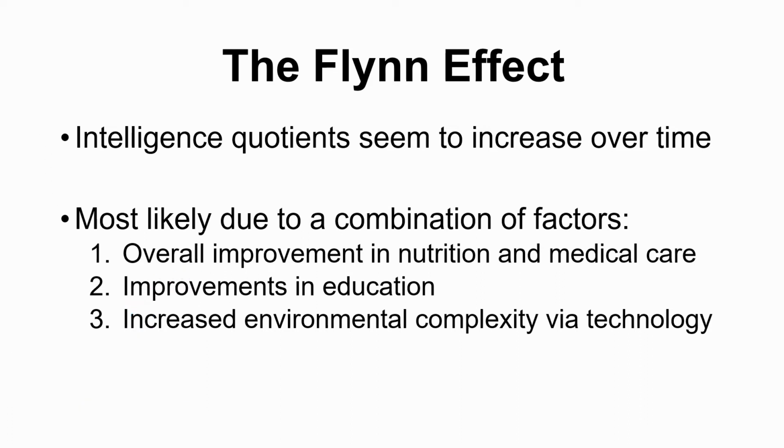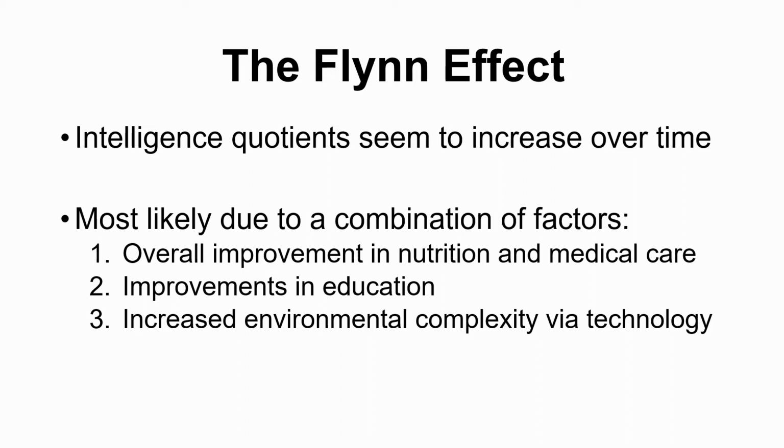Okay. And the reason that this is happening, there's a whole bunch of different reasons that have been proposed, and these are the three that seem to play the largest role. The first thing that we're seeing is over time, a massive improvement in availability of nutritious food, and an increase in availability of medical care. If we think about this biologically, people who don't have access to lots of food and adequate medical care are not going to build up their bodies properly.